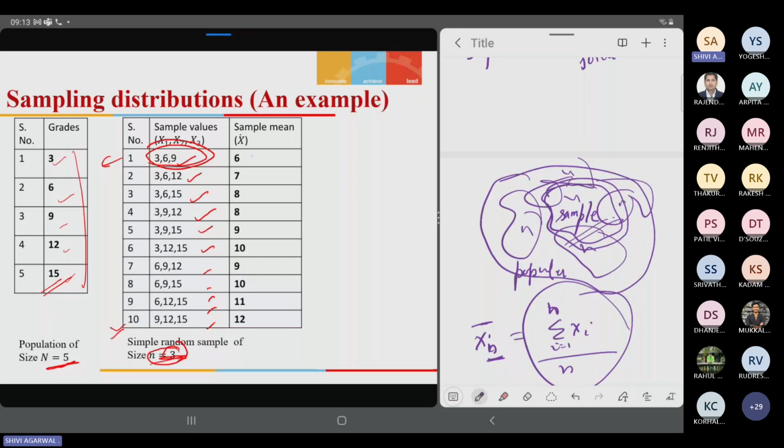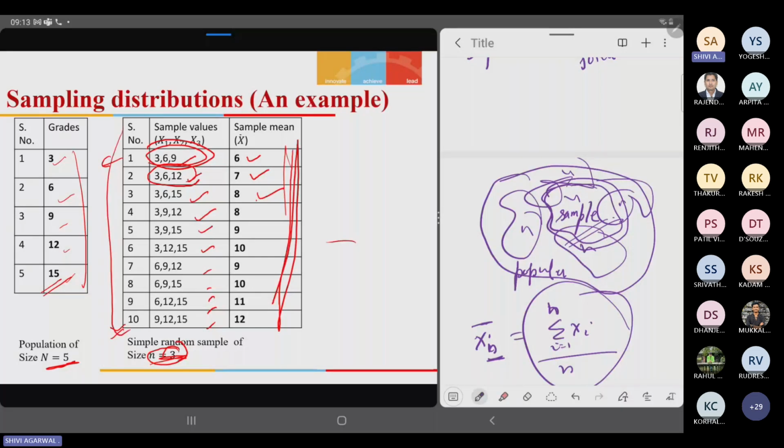The sample mean is 6 here. But we change the sample, this is a different sample of size 3 with different values collected from the population, and its mean is 7, and its mean is 8, and so on. That's why the sample mean is also a random variable, depending on which sample we collect out of these 10.